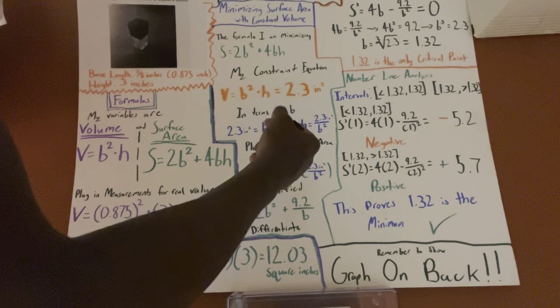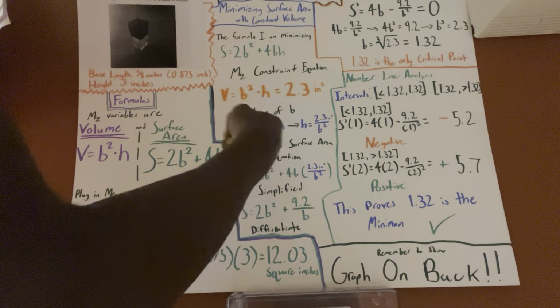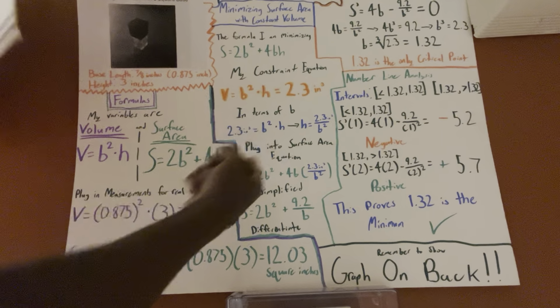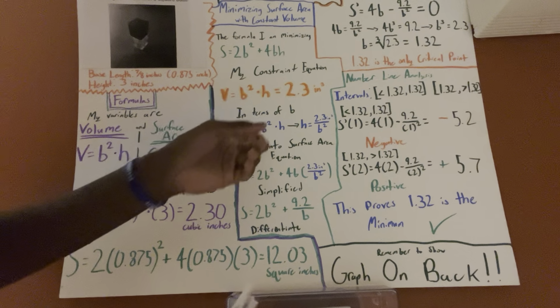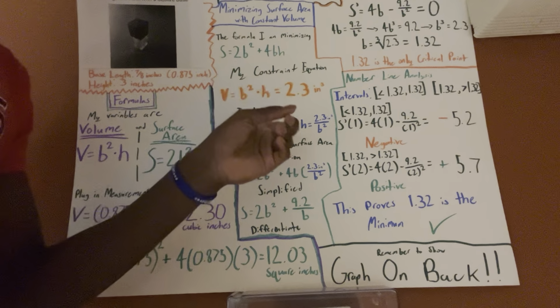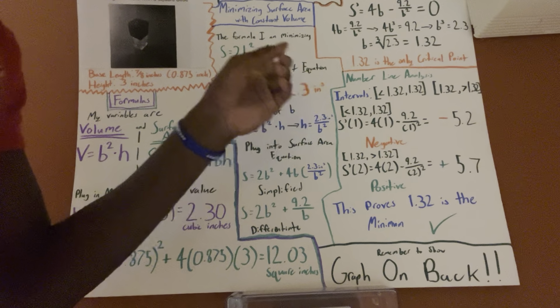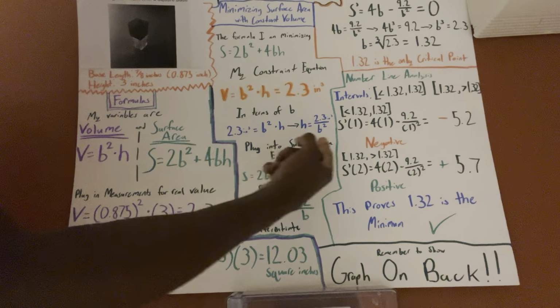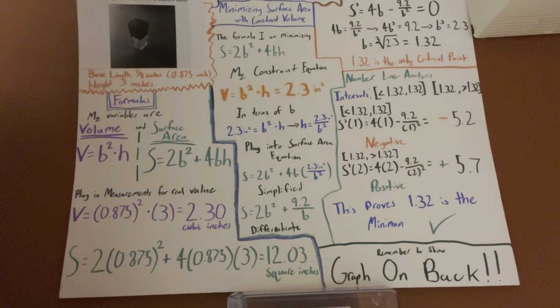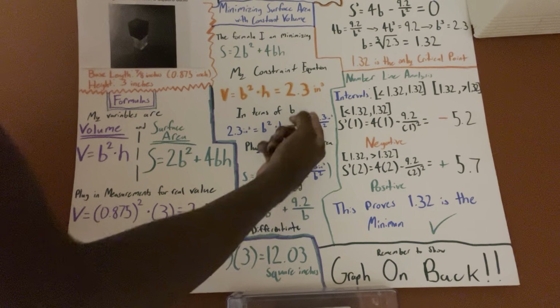I divided 2.3 by the base length squared to get H equals 2.3 cubic inches over base length squared. And I'll plug that into the surface area equation, so I'll replace the H with what it equals.